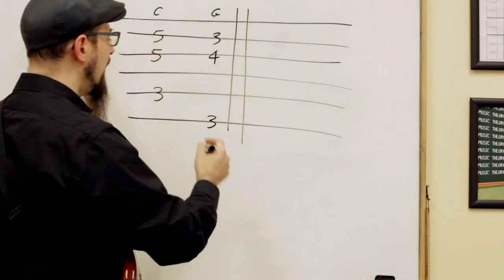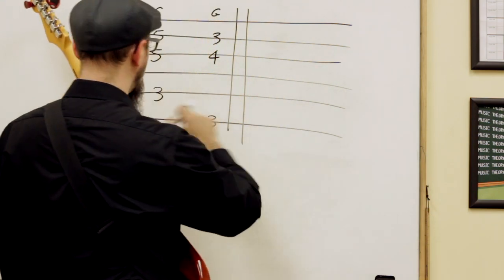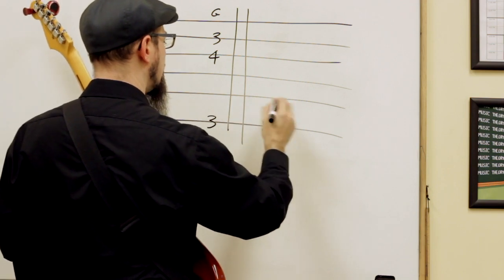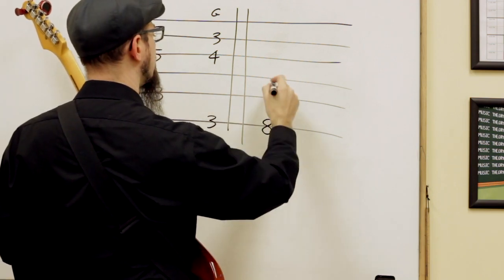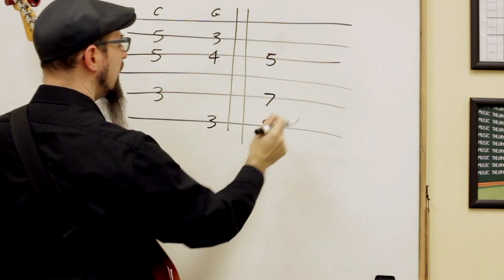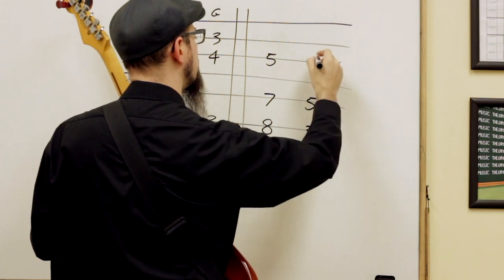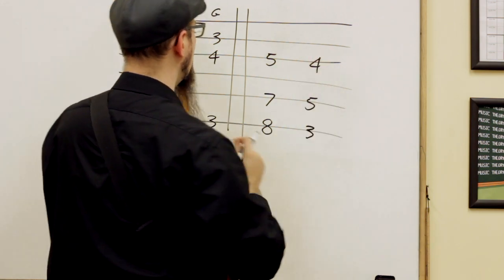So how will it look? It will look this way. I'll move these again a little bit around. So it's going to be 8, it's going to be 7, it's going to be 5. And I'm going to clarify in a second. It's going to be 3, going to be 5, this is going to be 4. That would be one possible way of playing this.